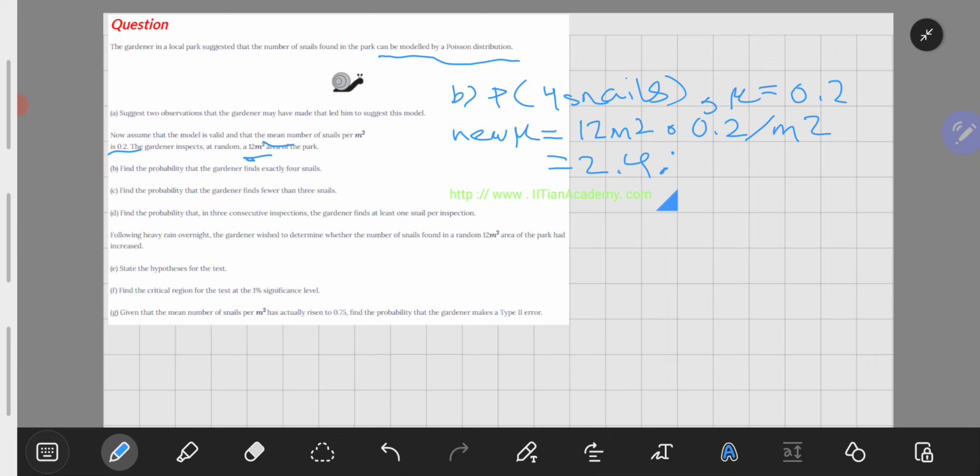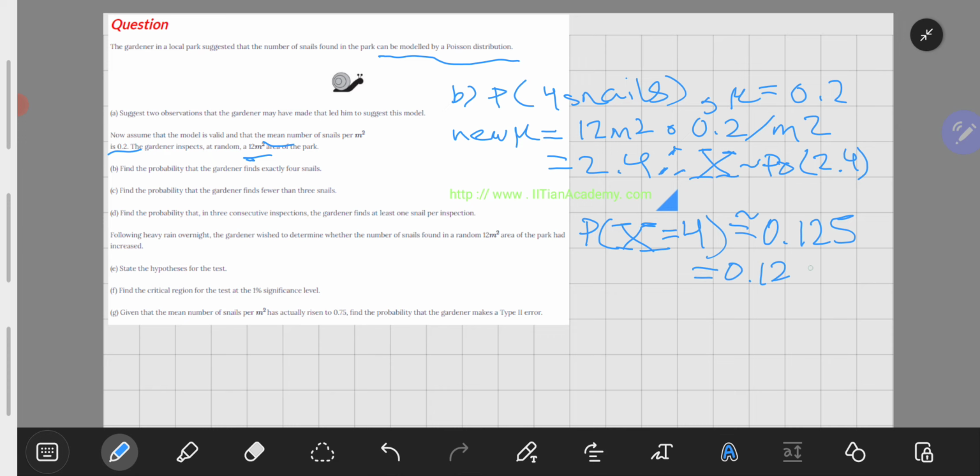And so, therefore, for the probability of our Poisson distribution with mean 2.4, P of x equal to 4 becomes approximately 0.125, where the more exact answer is 0.12548 when we look at our table for our mean.